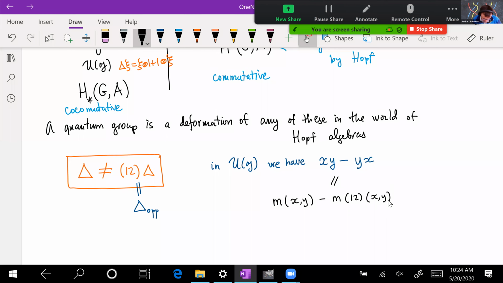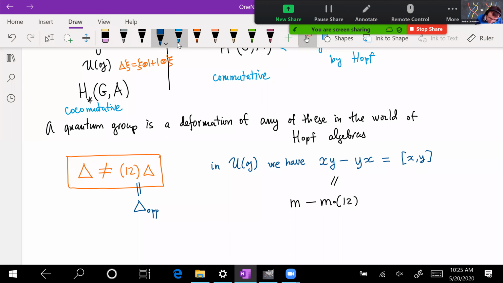Multiplication is dual to co-product, and the permutation goes on the other side. So you want to compare multiplication minus the multiplication with permutation. That's the commutation relation here. This is not some arbitrary element; in fact, it is the commutator of x and y.